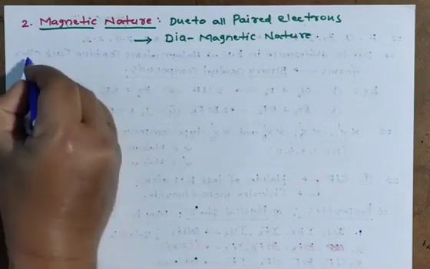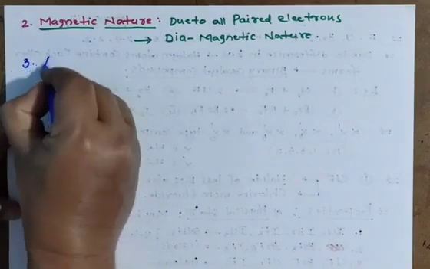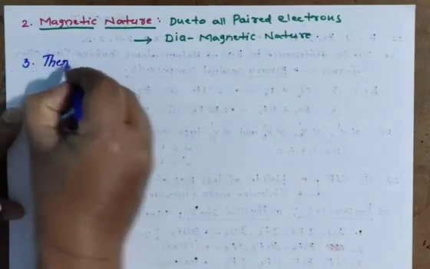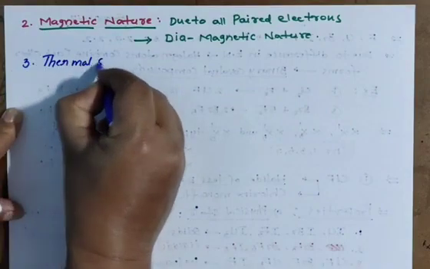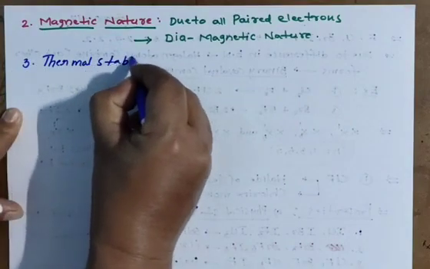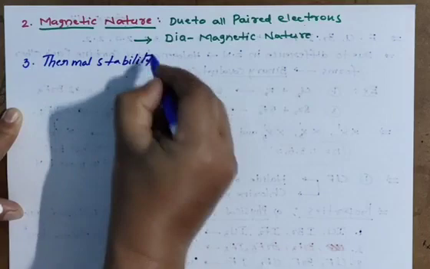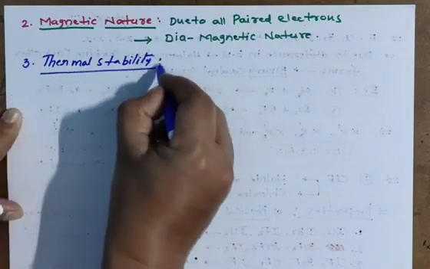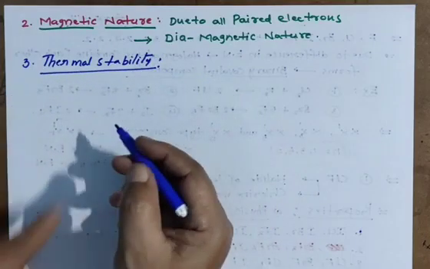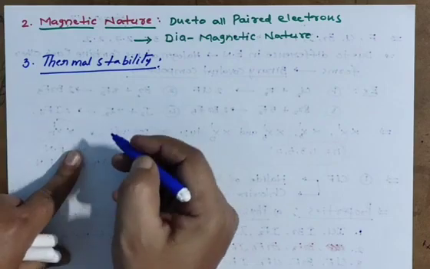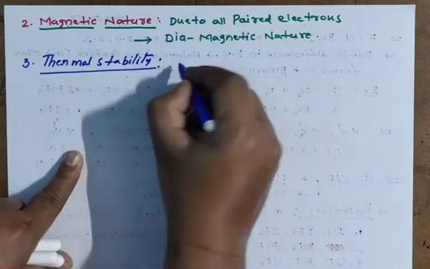And the third property, thermal stability. This is very important in this family, that is in interhalogen compounds.